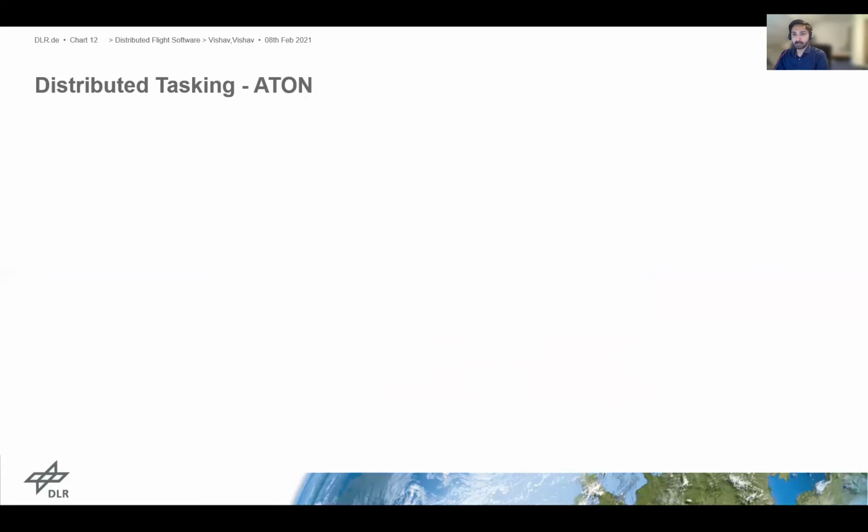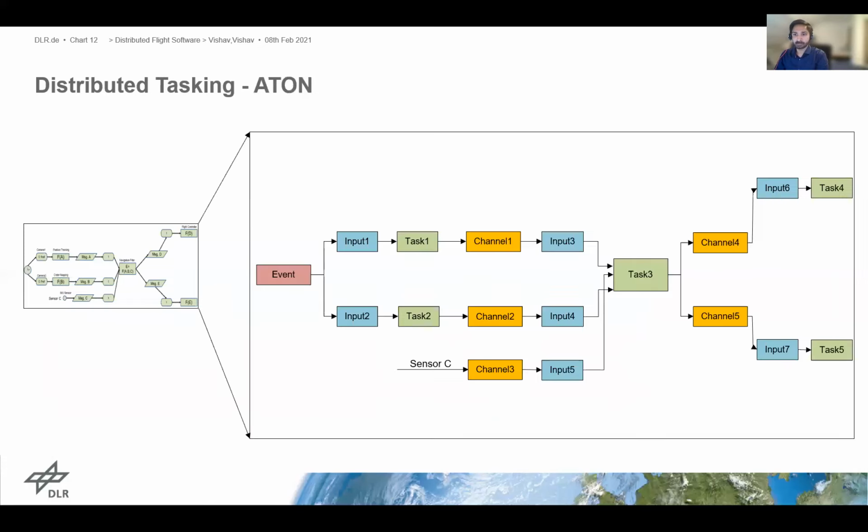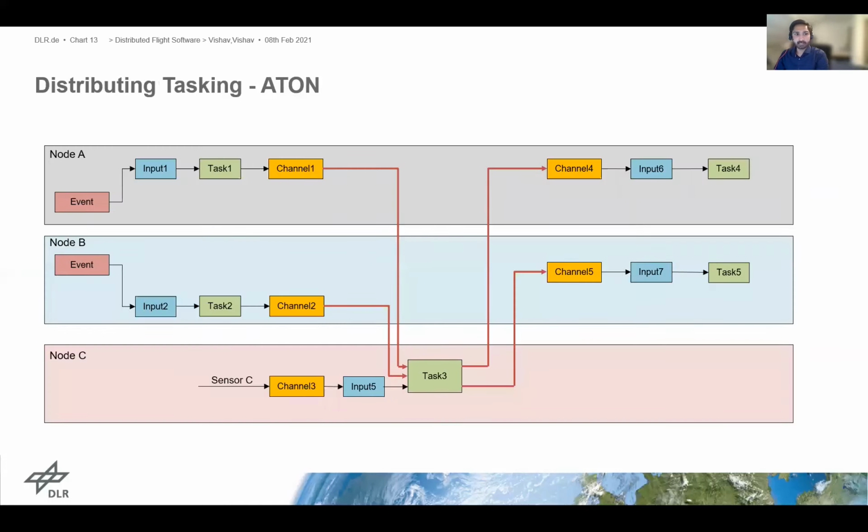Similar to the BIRD project, the Athon project can also be implemented with distributed systems. For simplicity reasons, the task map for Athon is shown here. Since task 1 and task 2 are independent of each other, they can be executed on different processors.